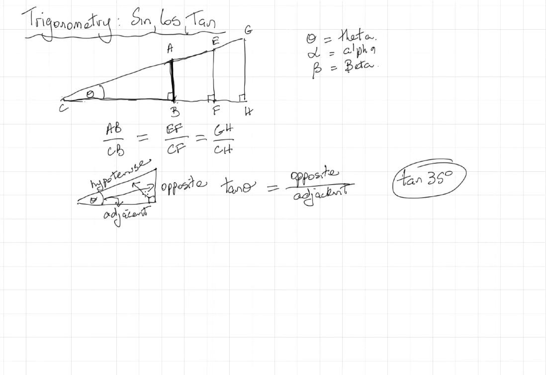Then they said, what about if we measure the adjacent to the hypotenuse? Well, they worked out that this one divided by that one turned out to be the same as that one divided by that one, turned out to be the same as that one divided by that one.